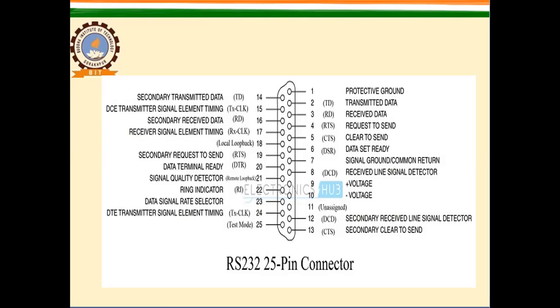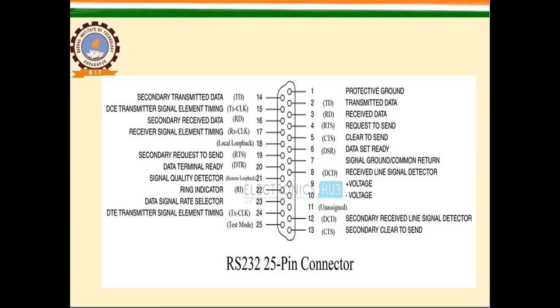Similarly, in the second line, pin number 14 is used as the secondary transmitted data line. Pin number 15 is used for transmitter signal timing. Pin number 16 is the secondary receive data pin. Pin number 17 is the receiver signal element timing pin. Pin number 18 is for local loopback. And number 19 is for the secondary request to send signal.